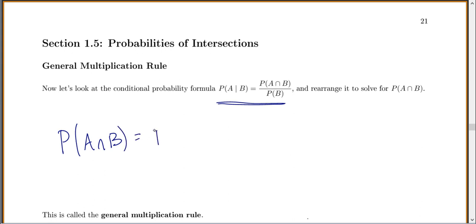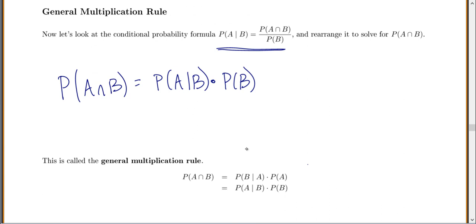So we'll have the probability of A given B times the probability of B. This is what we call the general multiplication rule. So if you want to find the probability of A and B, A intersect B, you do the probability of B given A times the probability of A, or the probability of A given B times the probability of B. The way I always remember this is you always use whichever conditional probability you know.